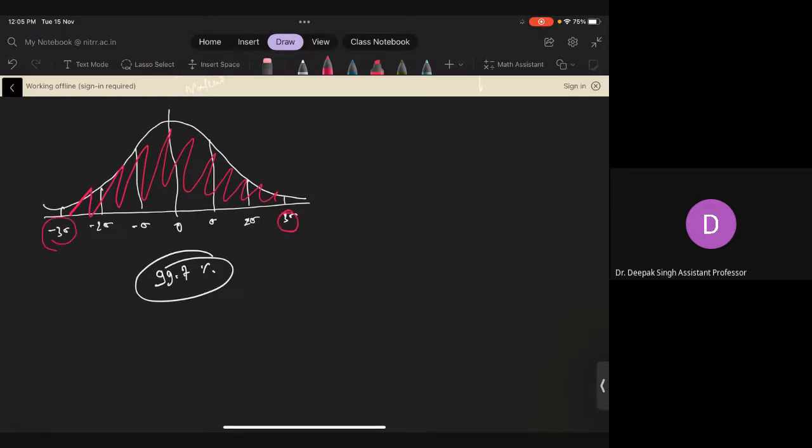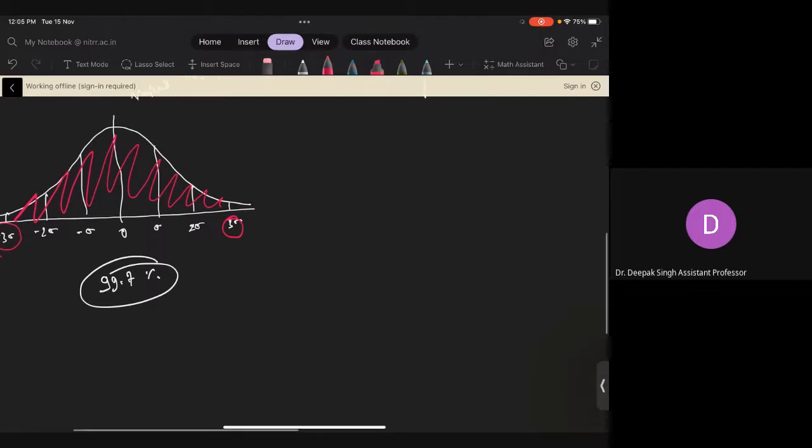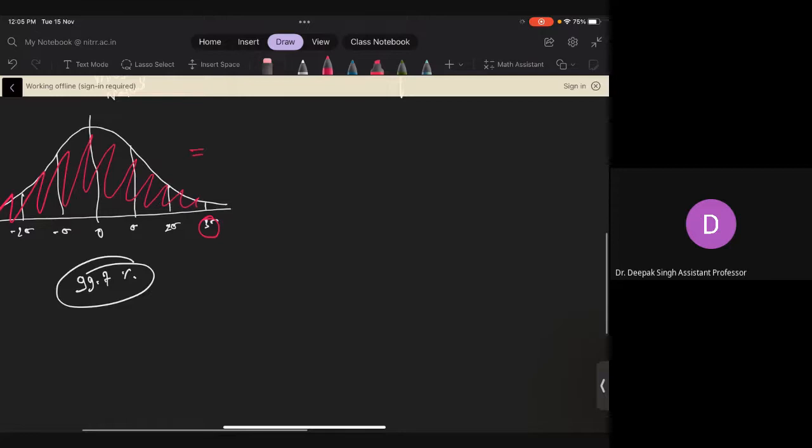It's a standard rule. And when you have a column which is following the standard normal curve, go for the imputation.